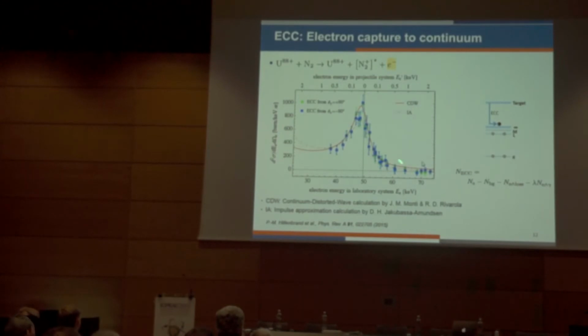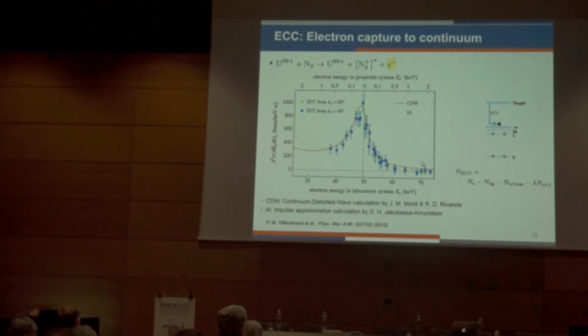Experimentally, this is challenging because we only see the electrons. We don't use a coincidence, so we have to subtract the other processes. And theoretically, this is challenging because it's a large momentum transfer process. So in principle, it requires a really two-center approach to calculate this.